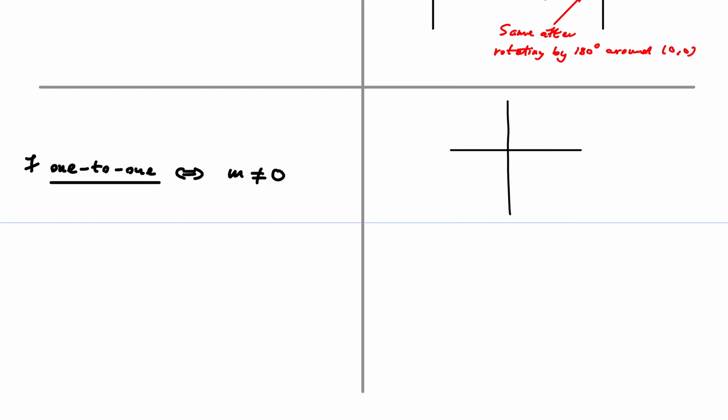But if you want a picture, well, if I draw a straight line like this, and m is not equal to 0, so it's at a slope, then if I draw any horizontal line, it crosses exactly once. Because the range is all real numbers. So it only crosses at a single point, exactly one intersection.